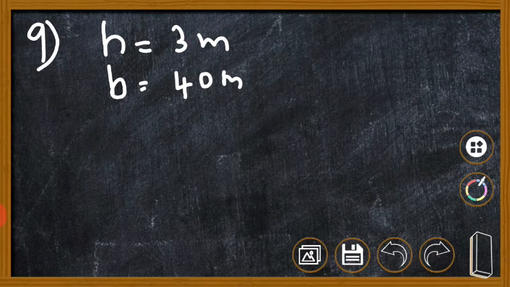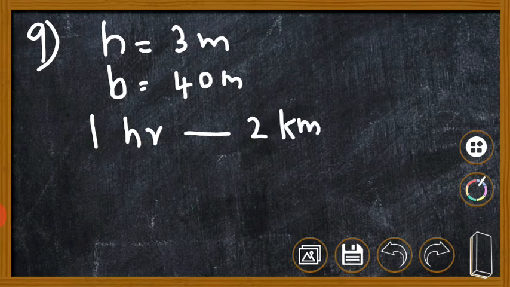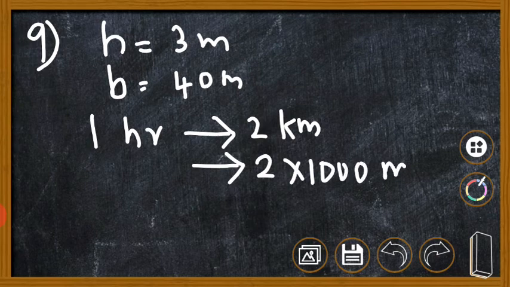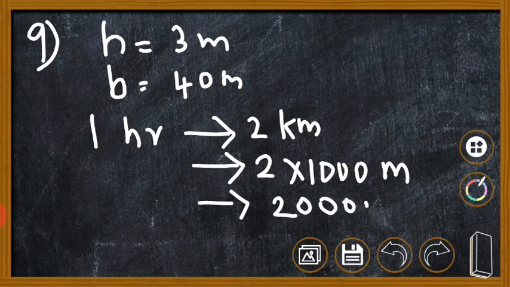That means in 1 hour 2 km. 2 km meaning 2 into 1000 meter, meaning 2000 meter. That means in 1 hour it flows 2000 meter.